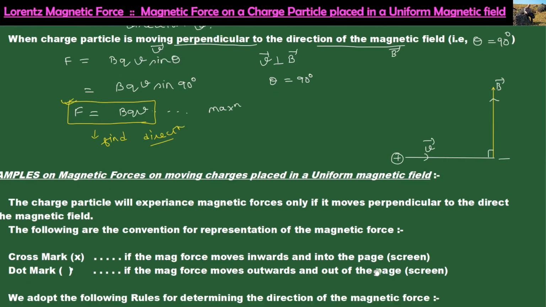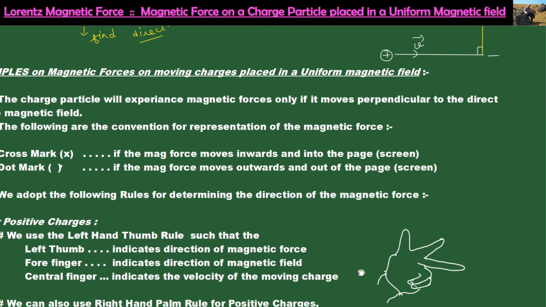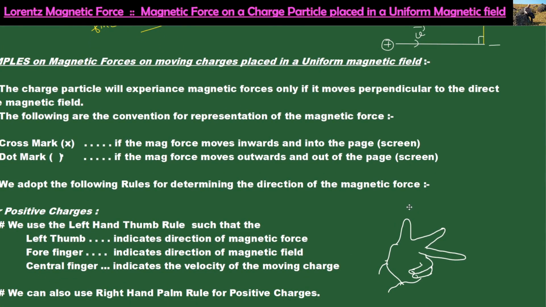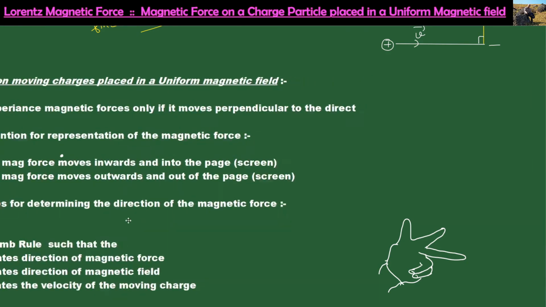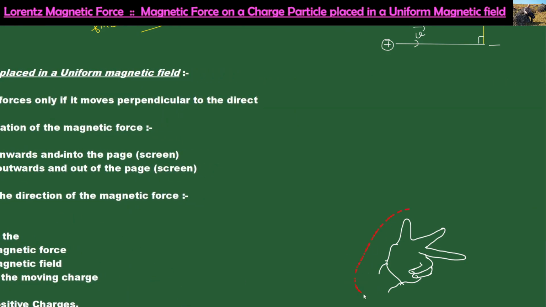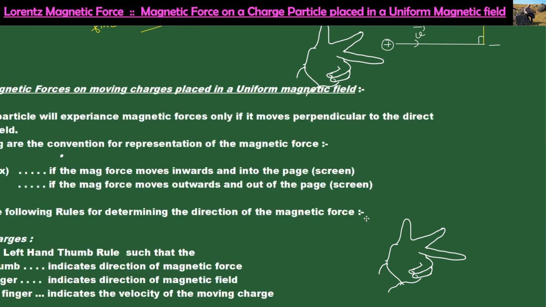Say for instance over here, if I take this Fleming's left hand rule, I will take this Fleming's left hand rule and then I will apply it over there and see what happens.